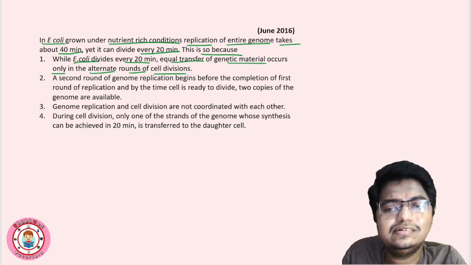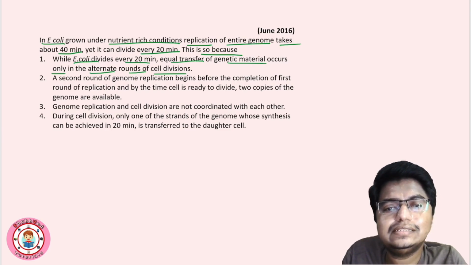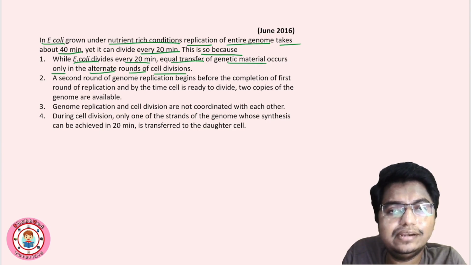See, in such statements we have to read carefully and identify the most accurate statement. And this is what will increase your problem-solving skill, right? So you have to be aware of the statements you are reading.